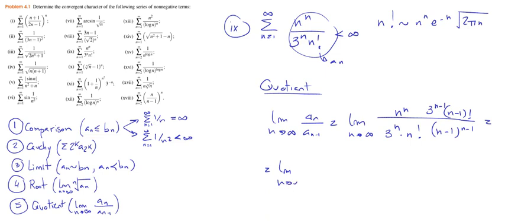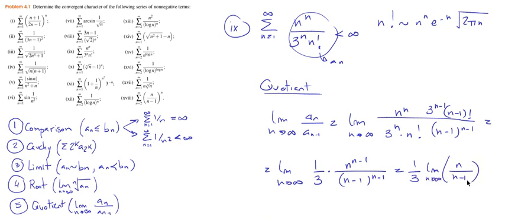So the limit when n goes to infinity, and then we have 3 in the denominator, right? We have n minus 1 factorial divided by n factorial, so it is n in the denominator, so then we have n to the n divided by n, we have n to the n minus 1, and this is n minus 1 to the n minus 1, or in other words, this is 1/3 the limit when n goes to infinity, n over n minus 1 to the n minus 1.